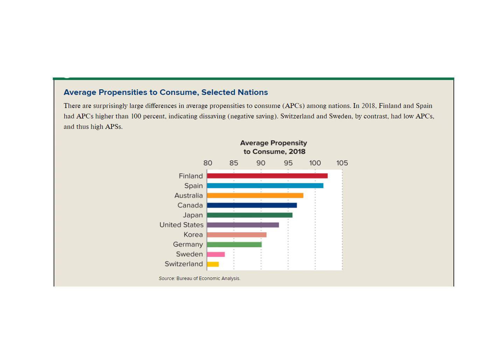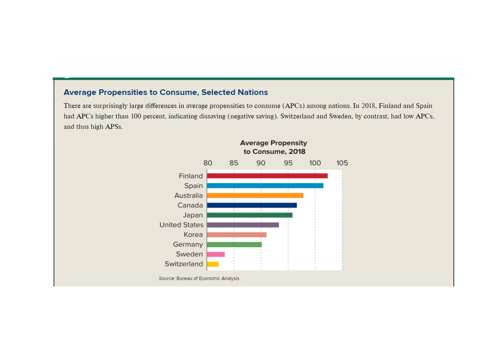Observe international data among various industrialized countries across the globe to reinforce the concepts of average propensity to consume and average propensity to save. Remember, whatever percentage of income is not consumed is saved, and vice versa. Compare Finland and Spain at the top of the chart with Sweden and Switzerland at the bottom.